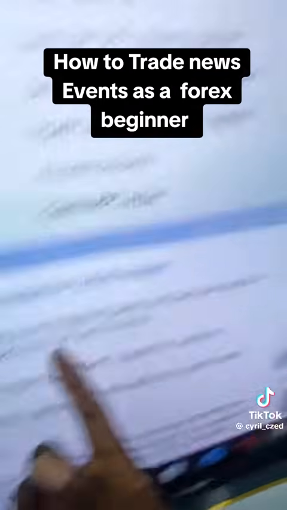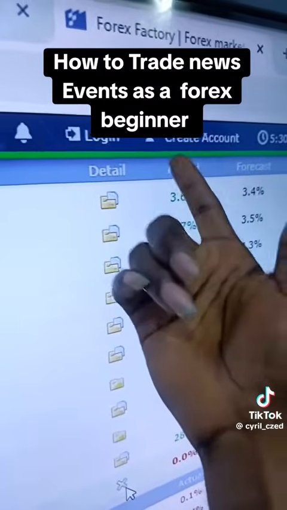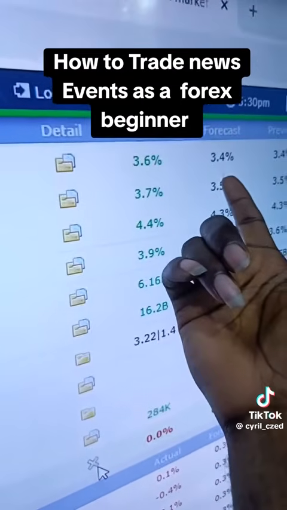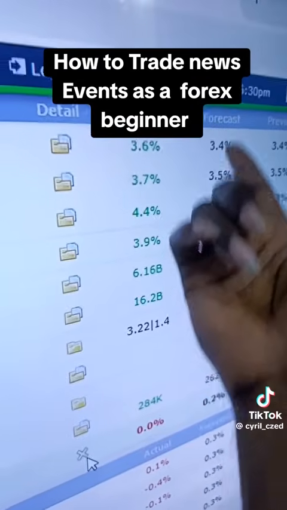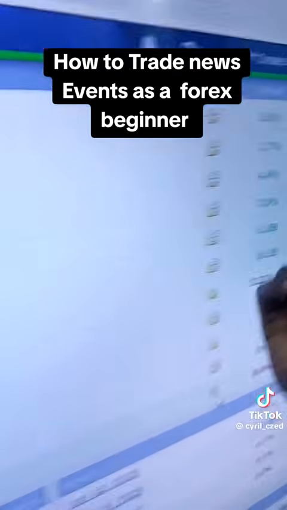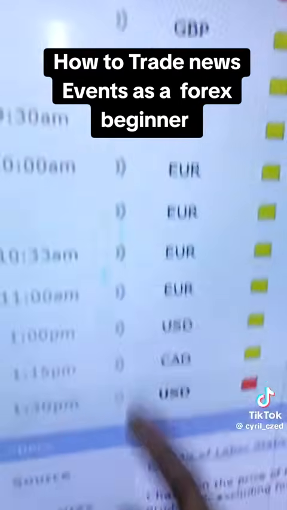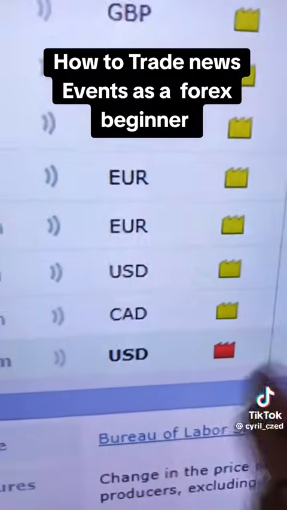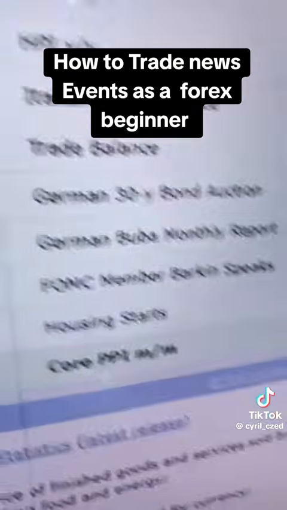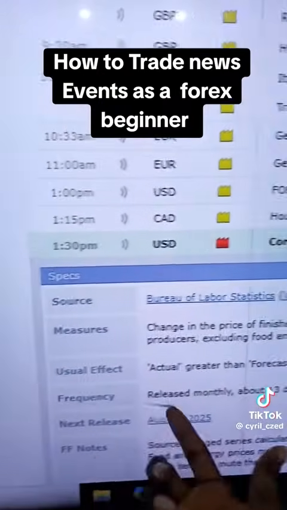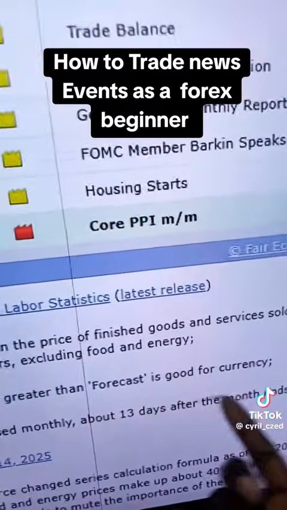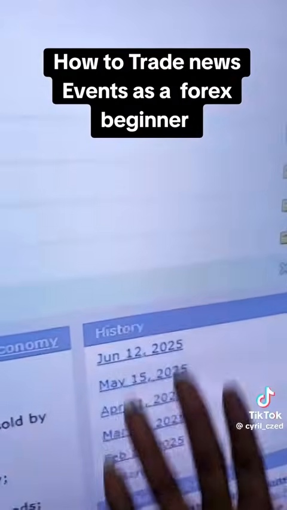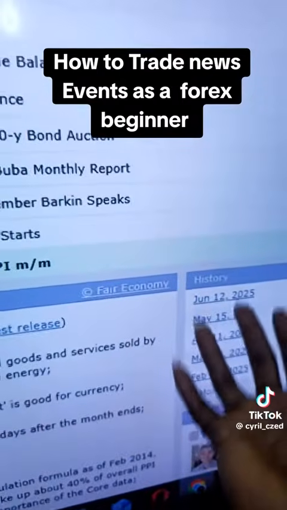It means if the actual you are seeing here, when it gets released, is greater than the market's anticipation, it's going to be good for this currency. If it is GBP USD, it means USD, acting as the quote, will be bullish. Yes, that's what it means. Now this frequency is released monthly, about 13 days after the month ends. These ones you are seeing are the history of the previous months.